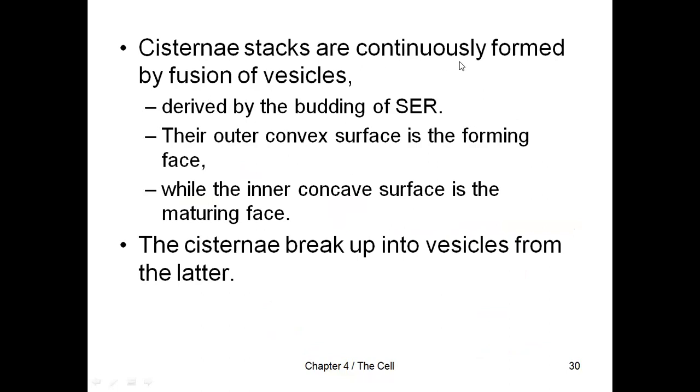Cisternae stacks are continuously formed by fusion of vesicles derived by the budding of the smooth endoplasmic reticulum. Their outer convex surface is the forming phase, while the inner concave surface is the maturation phase. The cisternae break up into vesicles from the latter.